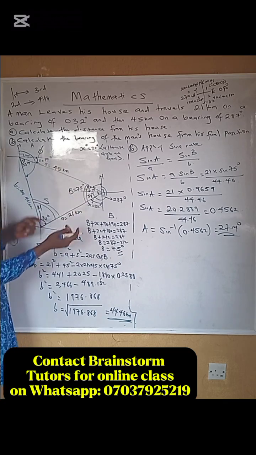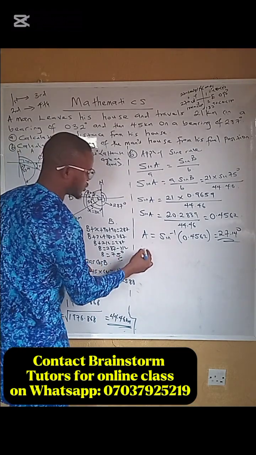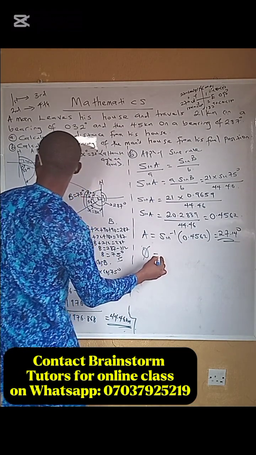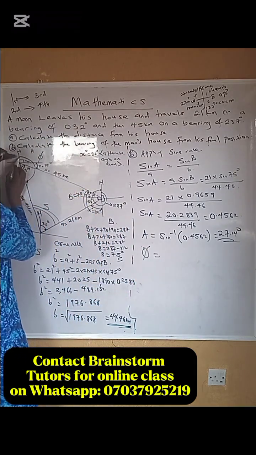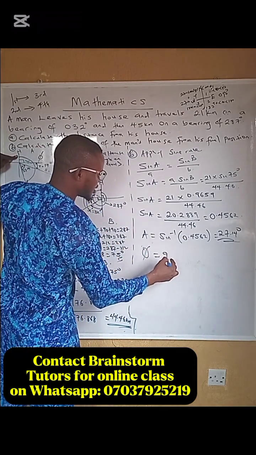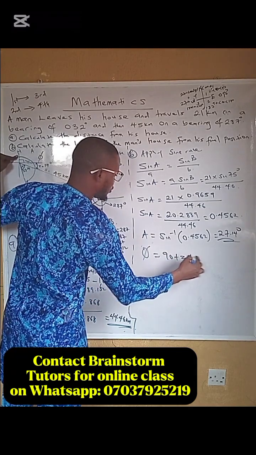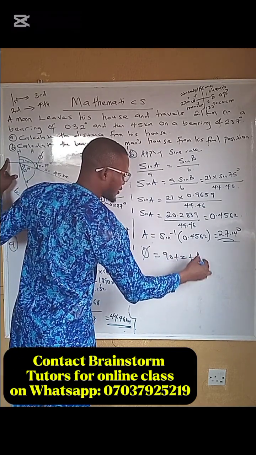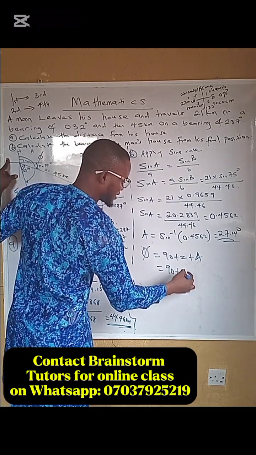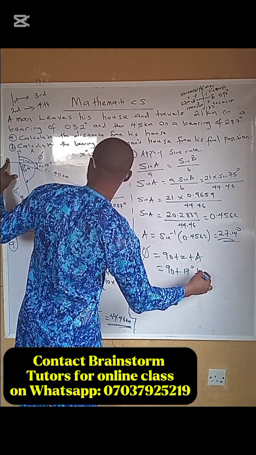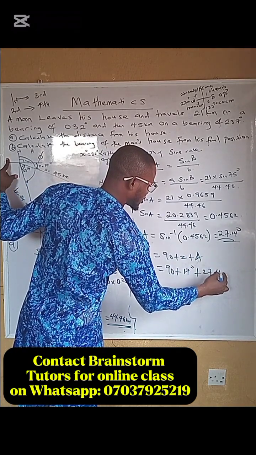Now to get this bearing, phi is equal to the sum of the total angle we have from here to here, which is 90 degrees plus z plus A. Remember, we have found A before. That's 90 plus z. What's my z? My z is 17 degrees plus A. My A is 27.14.